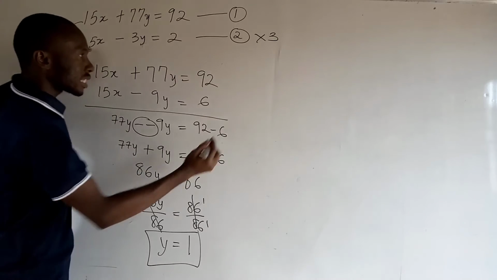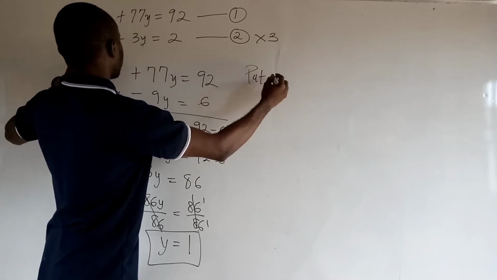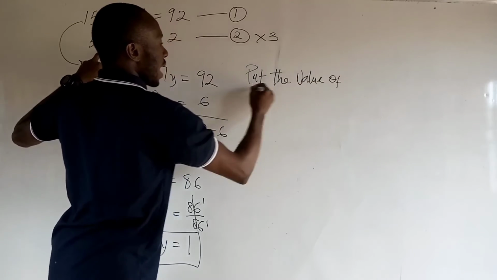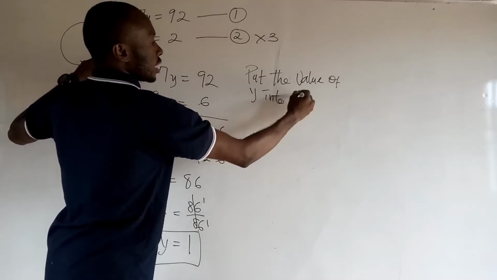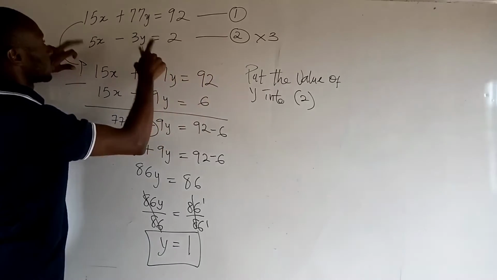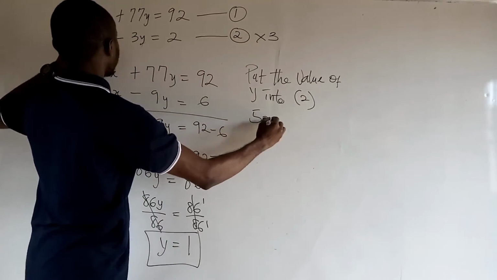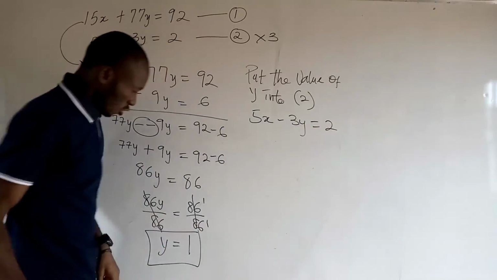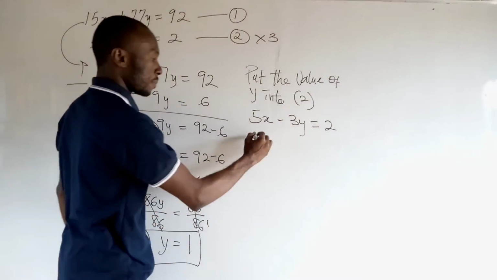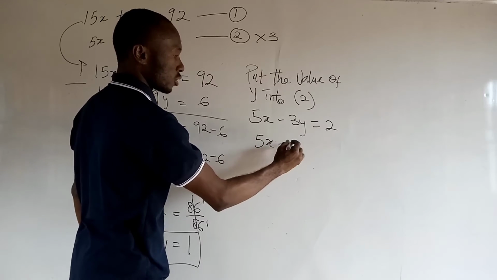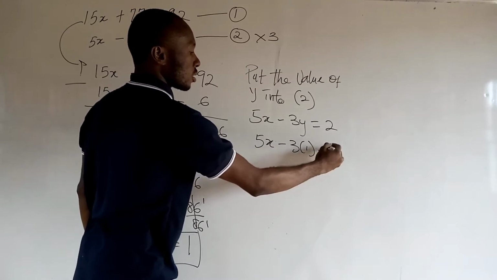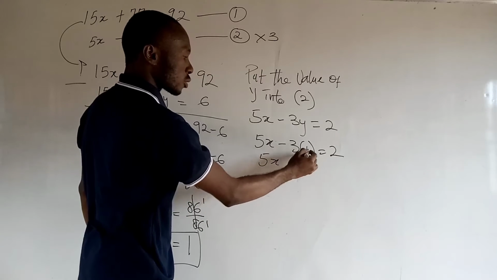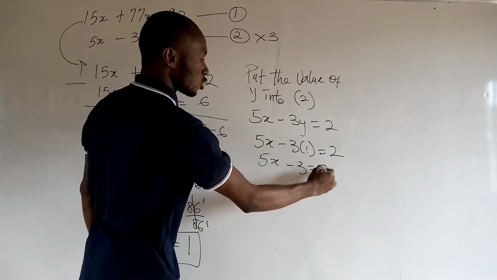So I have 5x minus 3y is equal to 2. My y is 1, so I plug it in: 5x minus 3 times 1 is equal to 2. So 5x minus 3 is equal to 2.